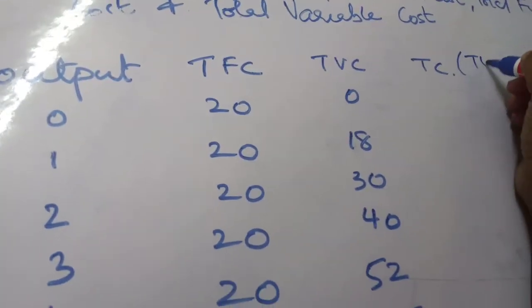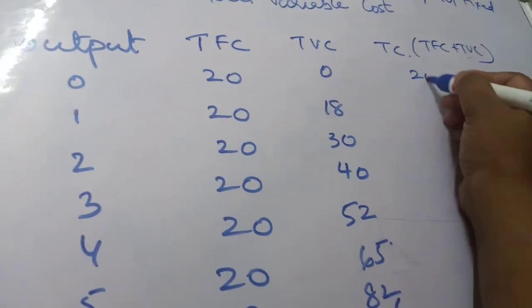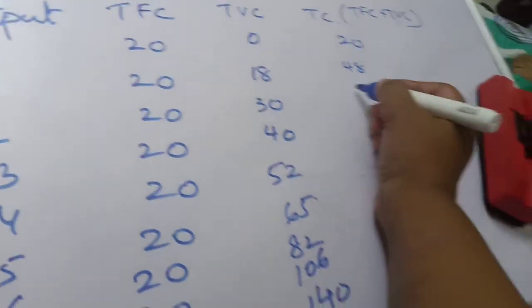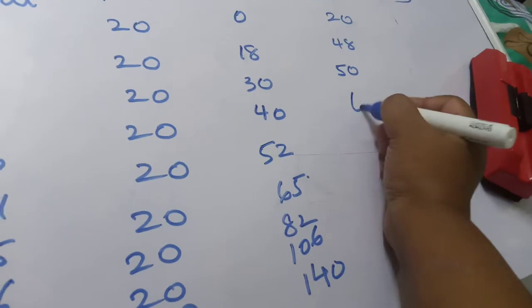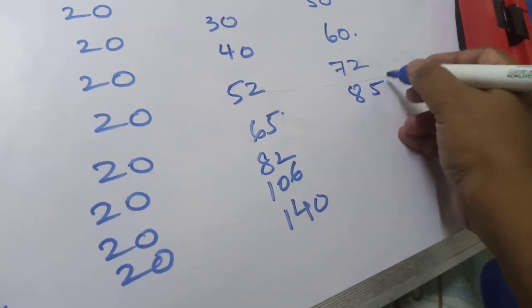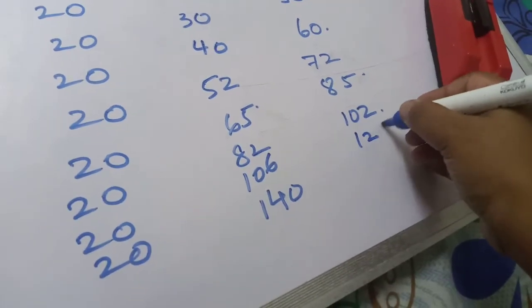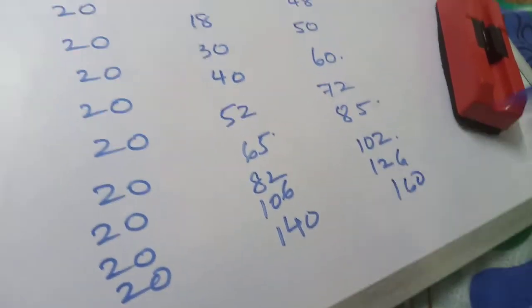What is TC? TC is TFC plus TVC. So you're going to add them: 20, 48, 50, 60, 72, 85, 102, 126 and 160.